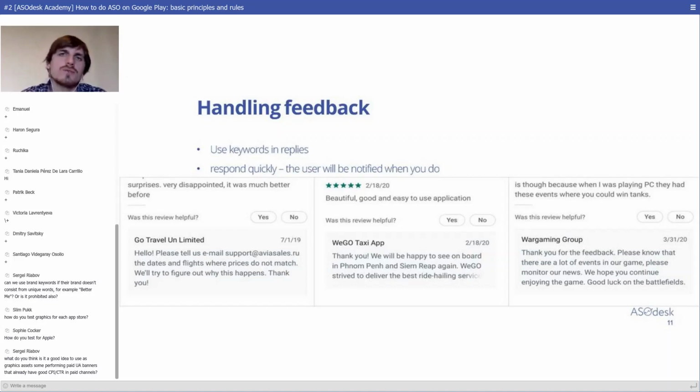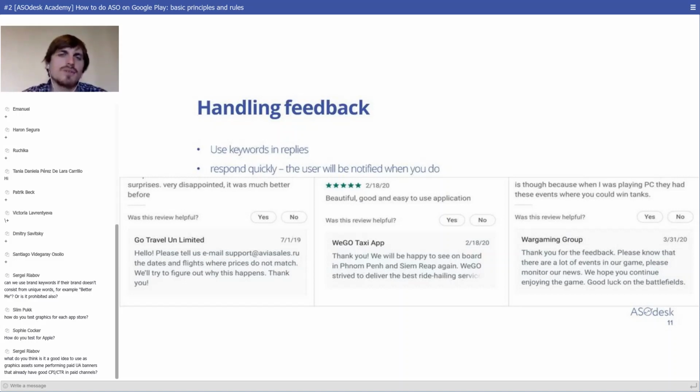So please use this keyword food delivery in your answers. So this responsible person might use this keyword in the answers. So no artificial abuse of this rule, but this is a very good and very professional practice, using the keywords in the reviews.